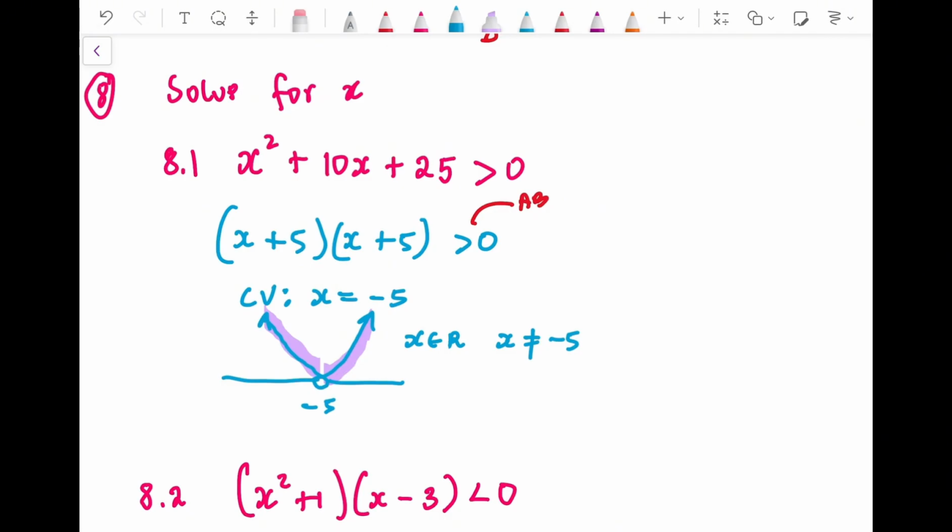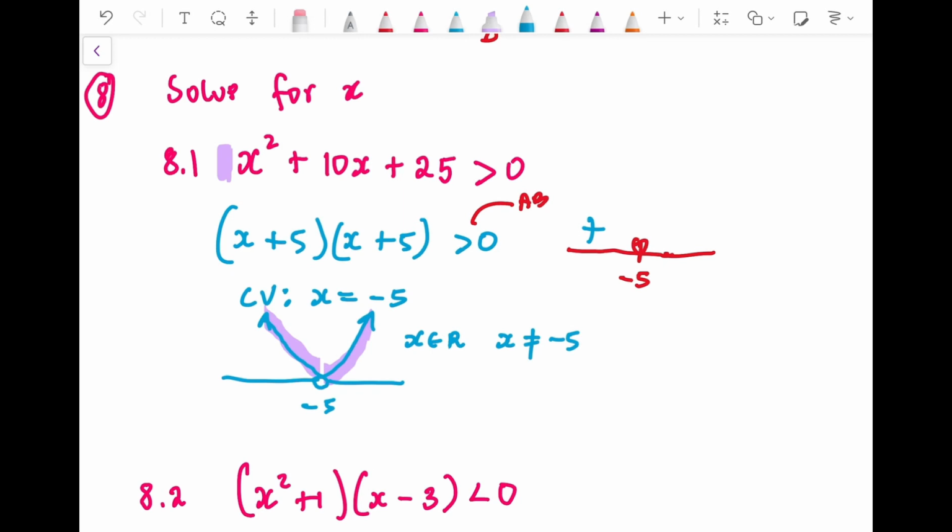And then the next question. If we use a number line here, we have only one critical value, which is −5. Now the coefficient of x squared is positive, so we start with positive.